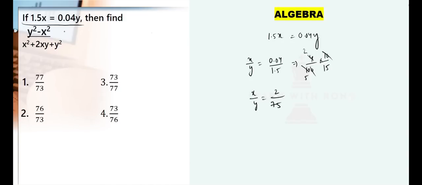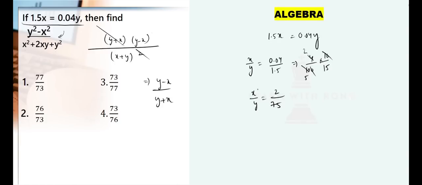So here they asked us to find this expression. See, I can write the numerator y square minus x square as y plus x multiplied with y minus x, right? So the denominator we have x square plus y square plus 2xy, which means x plus y whole square. So y plus x cancels. So we need to find the value of y minus x by y plus x.